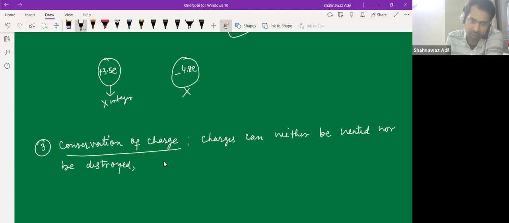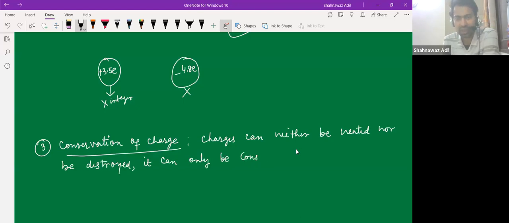It can only be conserved, or transferred from one atom to another atom, one material to another material, right? So it can only be conserved. Okay, this is the conservation of charge.